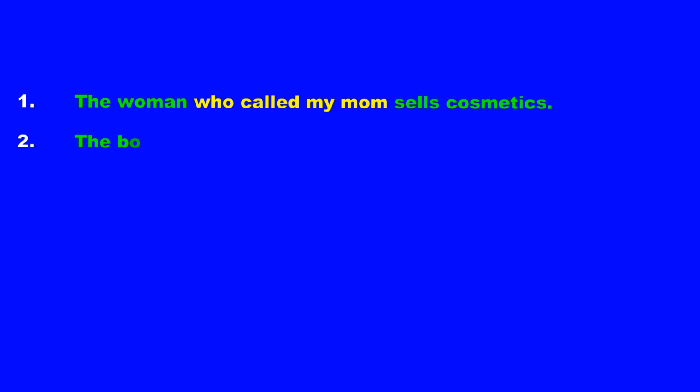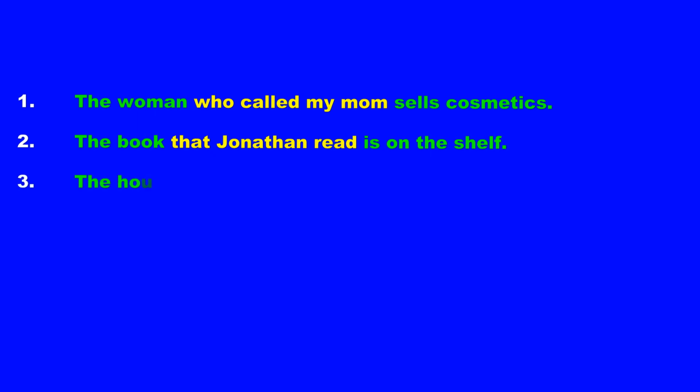In the following examples, the adjective clause, which is also a dependent clause, is in yellow, and the rest of the sentence that is in green is the independent clause. In other words, the adjective clause in these situations is embedded within the independent clause.